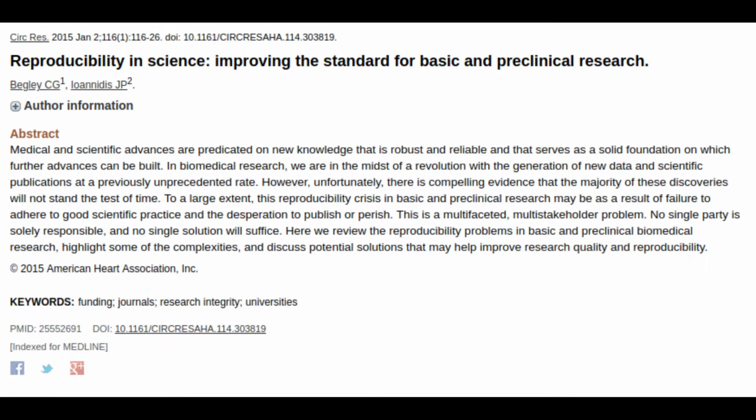There is compelling evidence that the majority of these discoveries will not survive being retested or examined again in the future. That there is a failure to adhere to good scientific practice in the desperation to publish. That this is a multifaceted problem with many partners involved, including publishers, researchers, and universities, to name a few. That no single party is solely responsible.